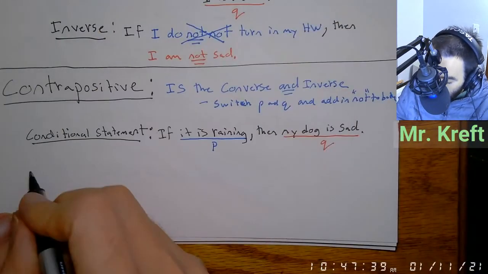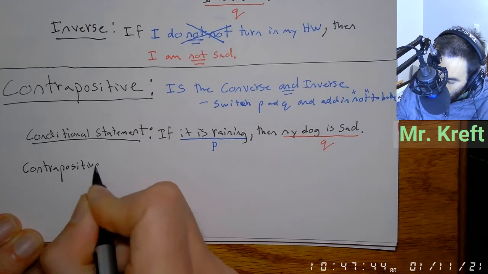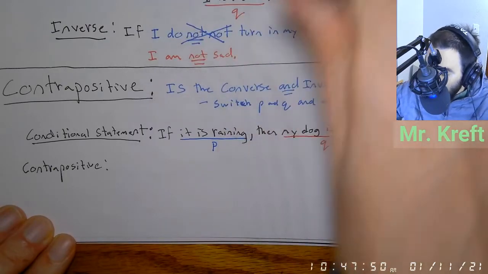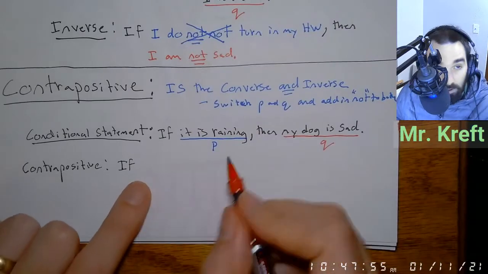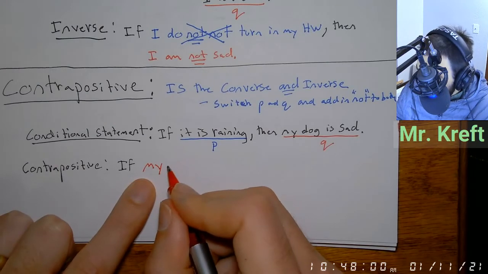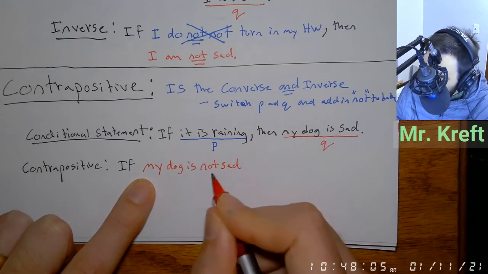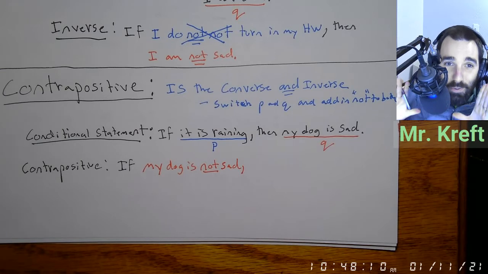Okay, so then my contrapositive. I'm going to switch P and Q, and I'm going to add in a negative. So Q's coming first, but I'm also going to say my dog is not sad. Now, some of you might be asking, Kraft, what if I put the not in the wrong place? I'm not grading on grammar. So if you put the not in the wrong place, I'll still give you credit.